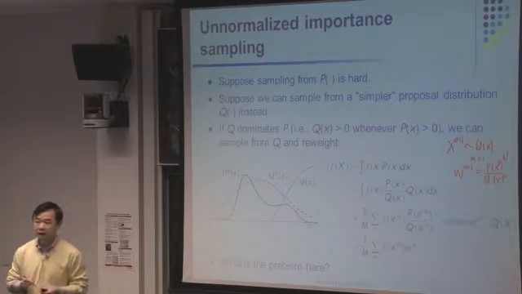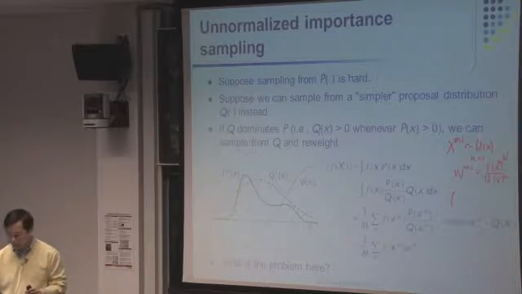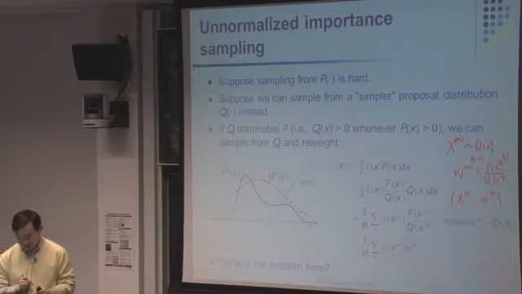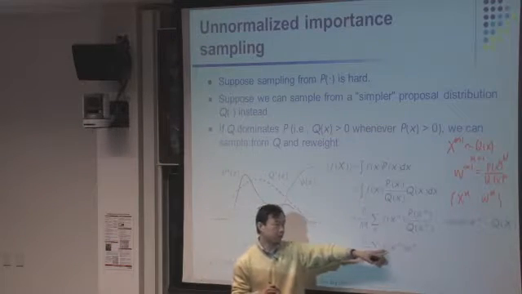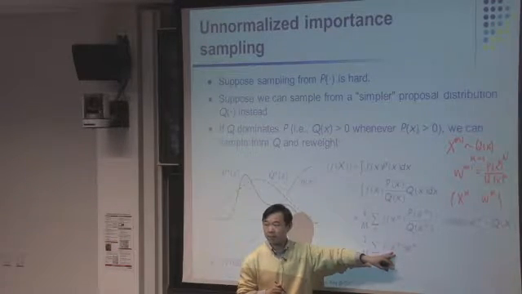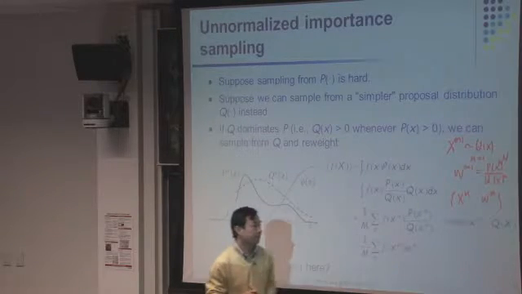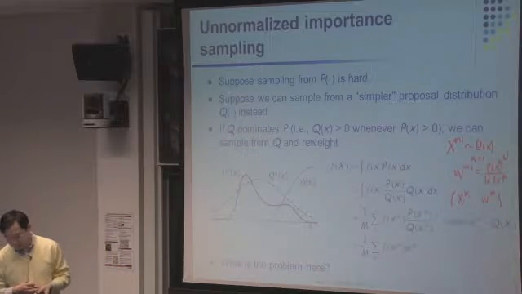Therefore, my collection of samples is actually a tuple of two elements: one is X^m and the other is w^m. And the way I'm going to use it is to always use a weighted sum of the sample-based quantity.